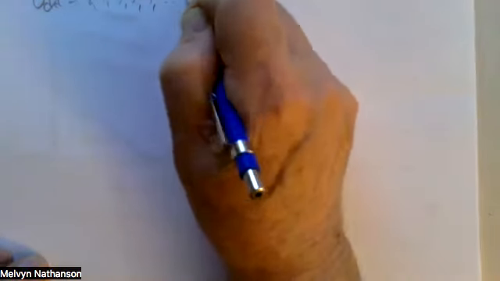Okay. Here's another one-to-one correspondence. This was problem number 6. You have the odd positive integers and the even positive integers.